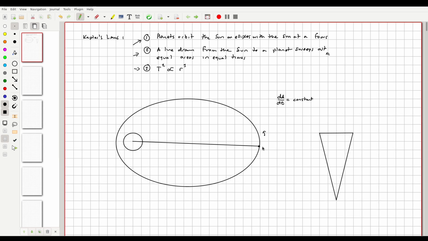So maybe this is point 1 in your orbit, and point 2 in your orbit might be right here. To go from here to here, if things are kept sufficiently small, you're going to sweep out a very tiny angle. This would be location 1 right here, and this would be location 2 right here.